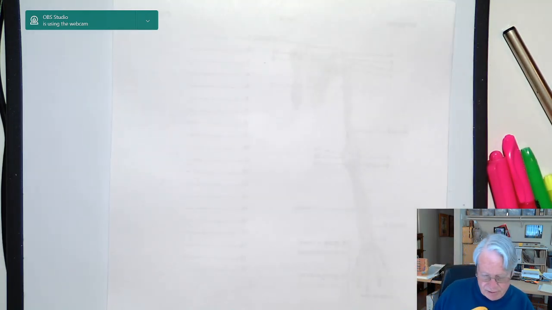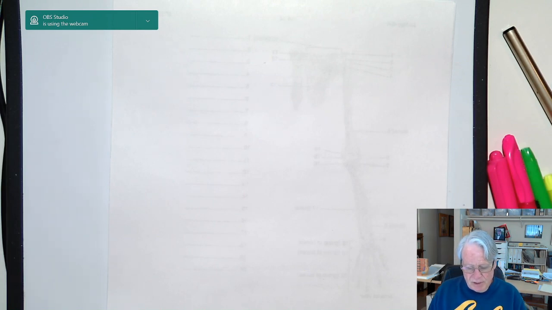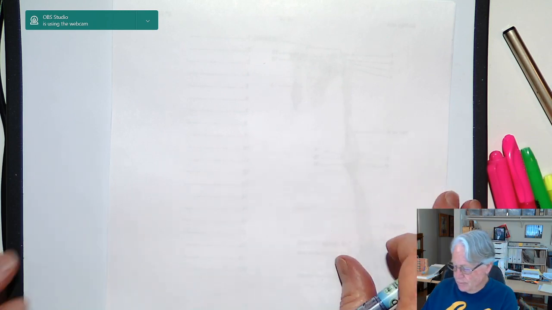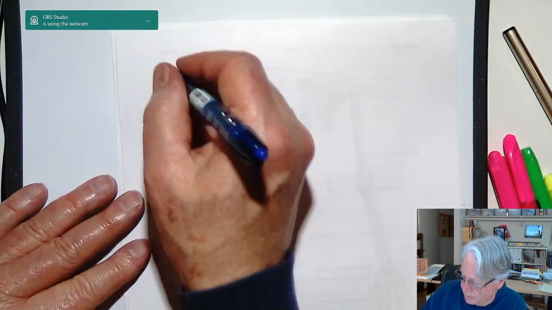And the next layer is the stratum lucidum. That would be number 4.